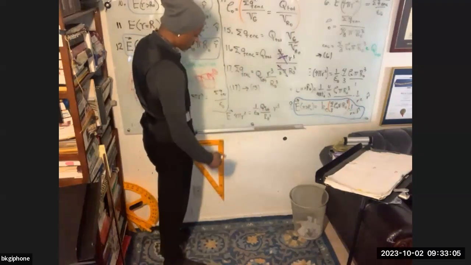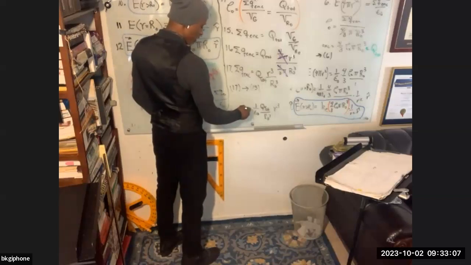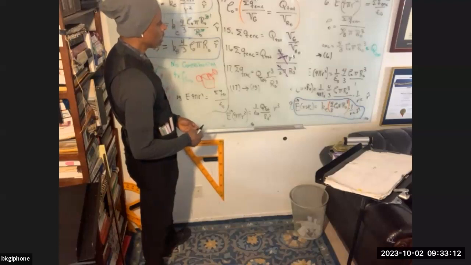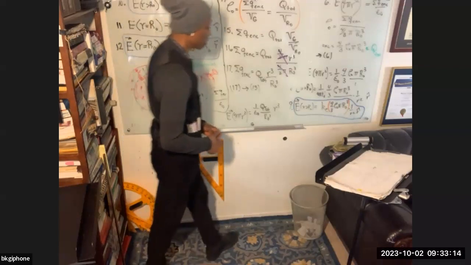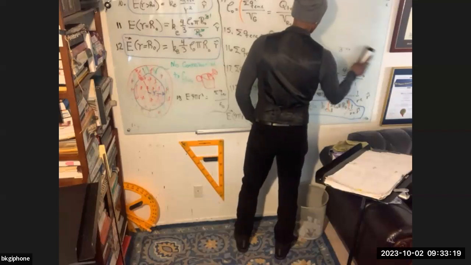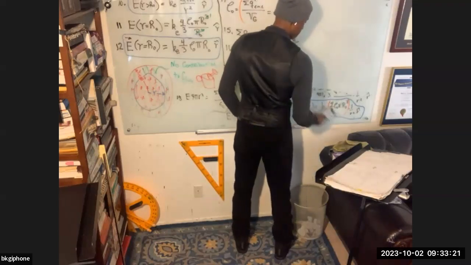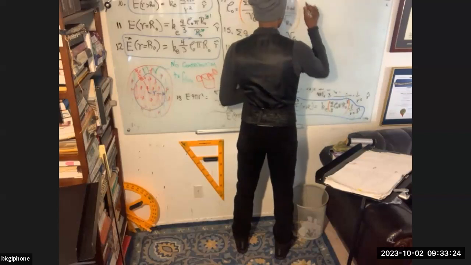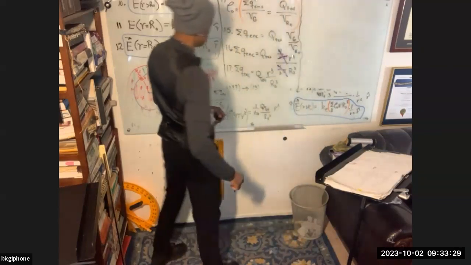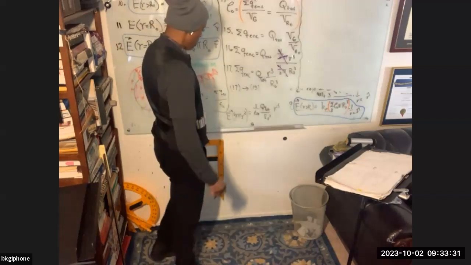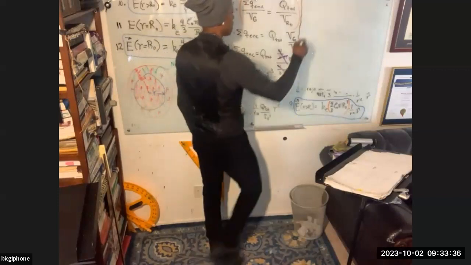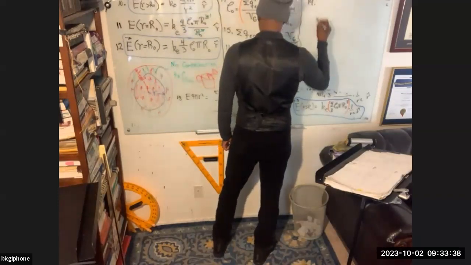Not quite done because remember, I still have to divide through by the area of the Gaussian over here, 4 pi r squared. And yeah, I'll do that over here. So this would be 18. And then equation 19.